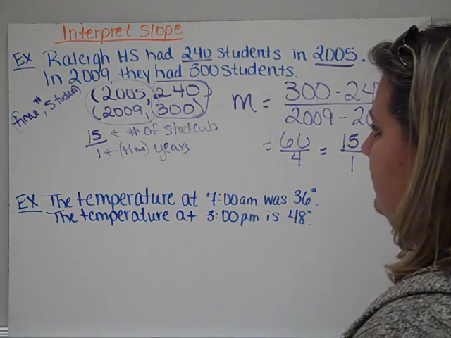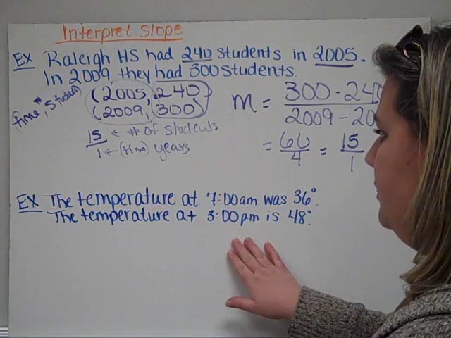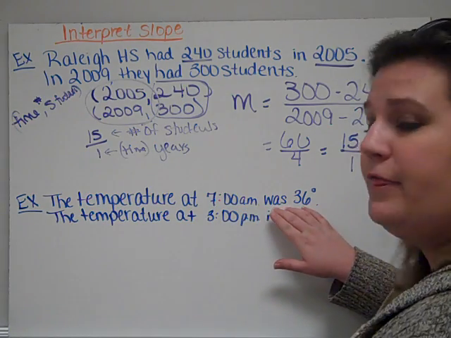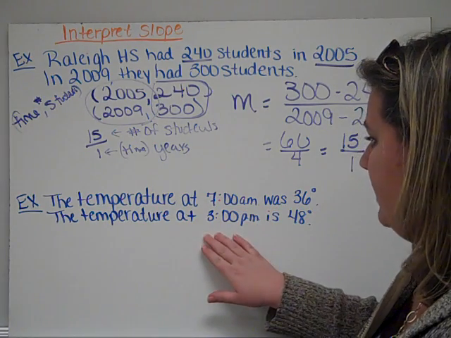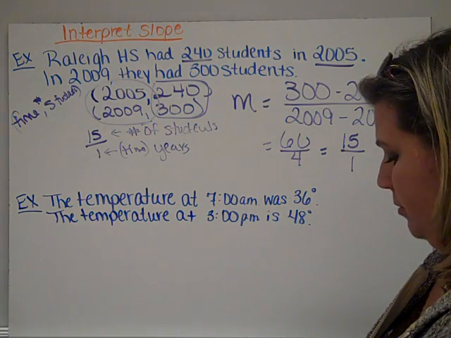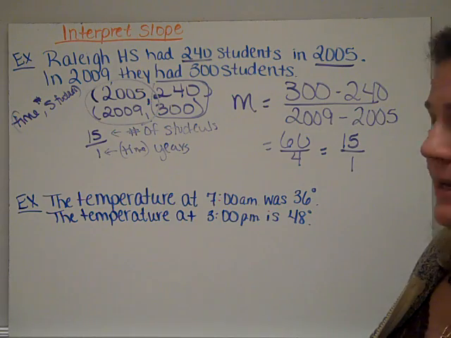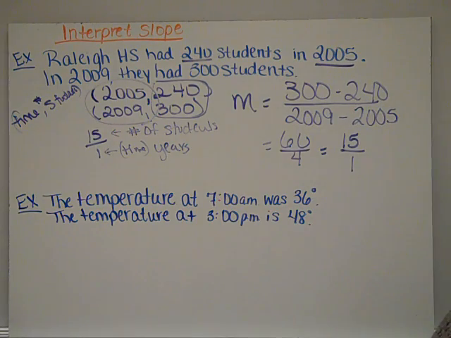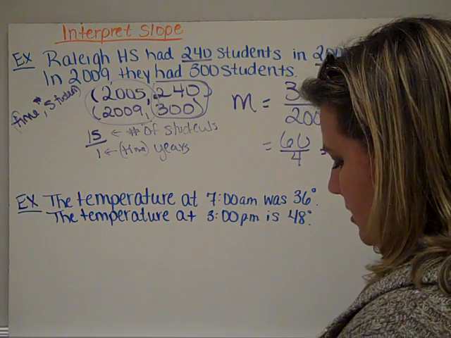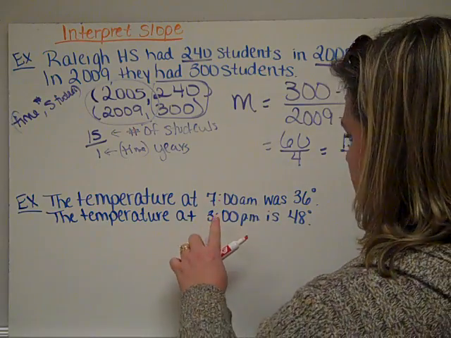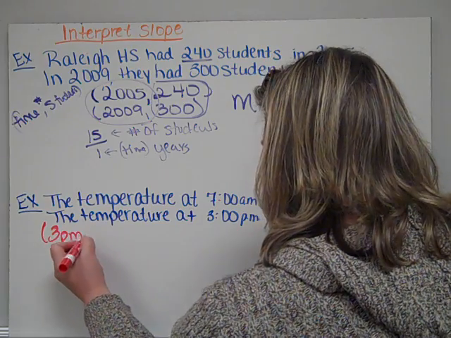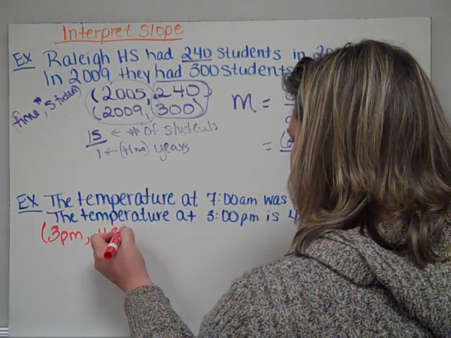All right. Now, for this next one, I have temperature that at 7 o'clock in the morning is at 36 degrees. Then at 3 in the afternoon, it's at 48 degrees. So I need to, remember, I have a little star in your packet that says that you need to change your time to military time, okay? So when you look at 7 o'clock, let's go ahead and write this in here. So 3 p.m. is 48 degrees.